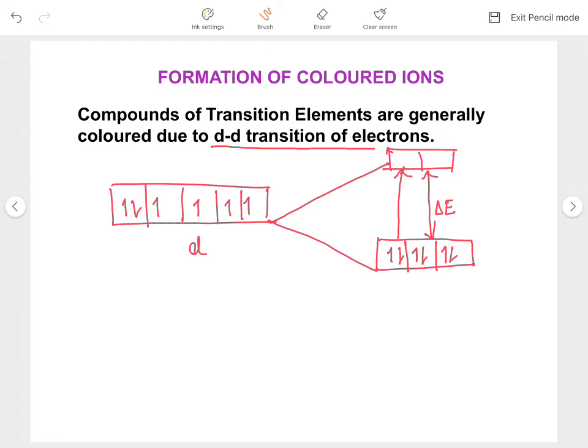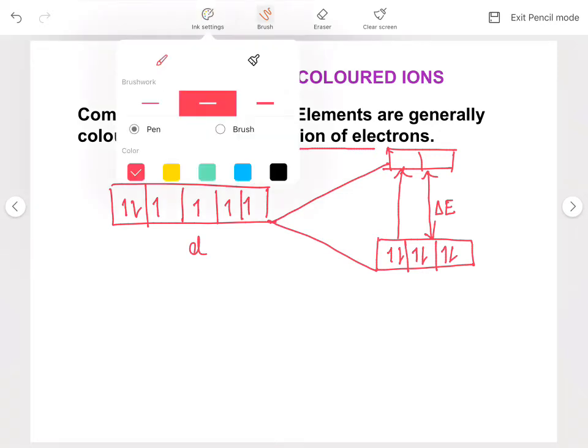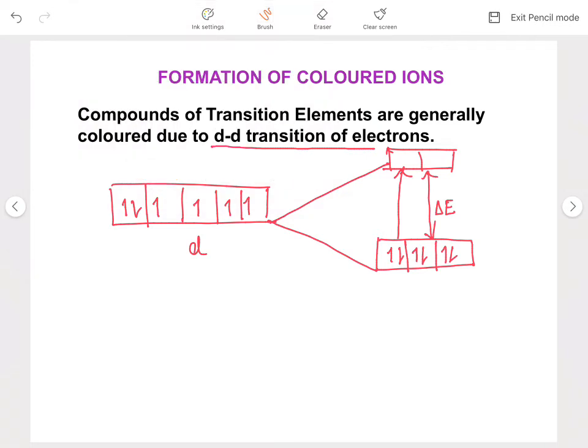Another thing that is asked in exam, that out of the following ions which are colored and which are not. Suppose we have scandium 3 plus ion, Fe2 plus ion, Ni2 plus ion, and say Cu plus ion. It is asked which of the following ions are colored and which are not. So you have to check in which of these d-d transition will be possible.